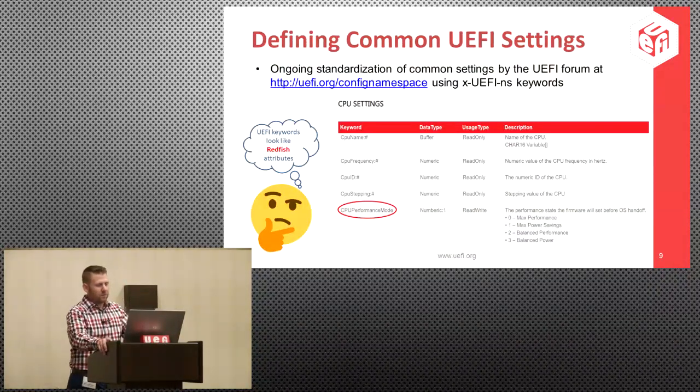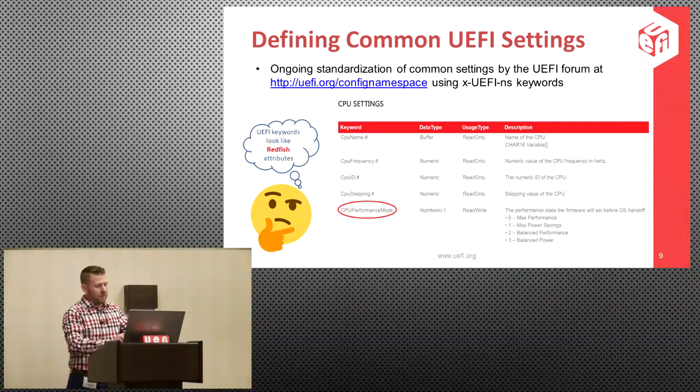Luckily, there's already a place out on the UEFI forum today, and somebody pointed this out yesterday. The UEFI configuration namespace registry already exists, and it's a collection of common x-UEFI keywords that have been published out on the UEFI forum. This is a great start, a great foundation. This provides a list of common keywords.